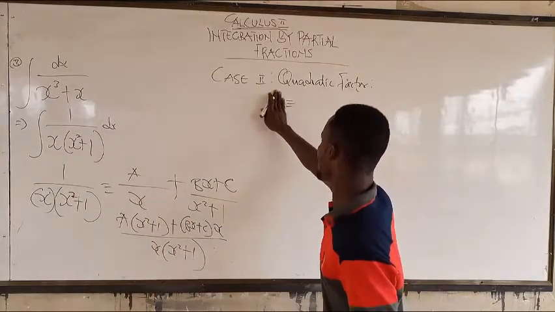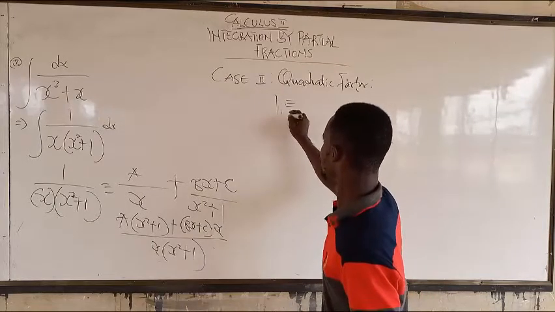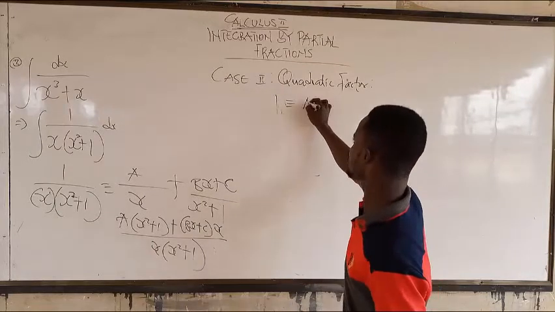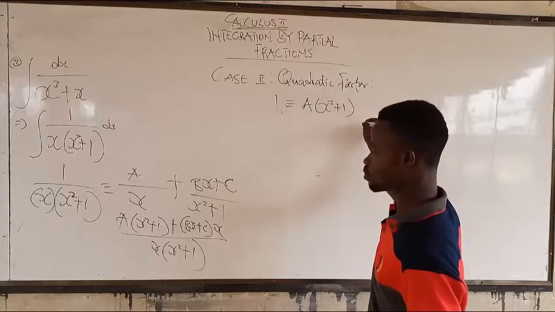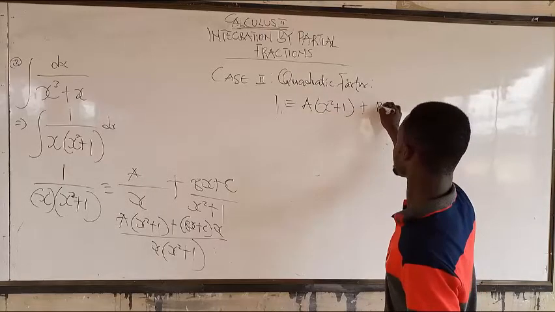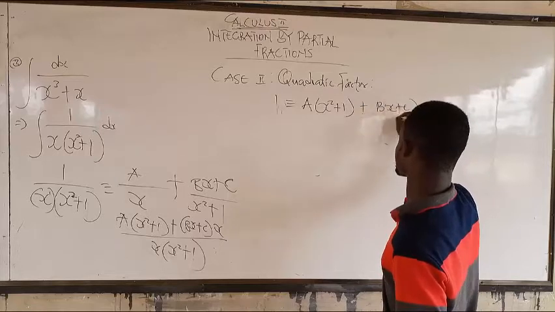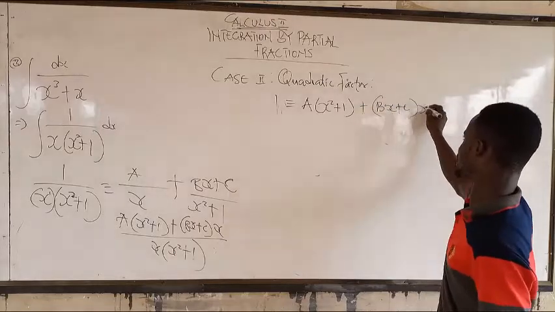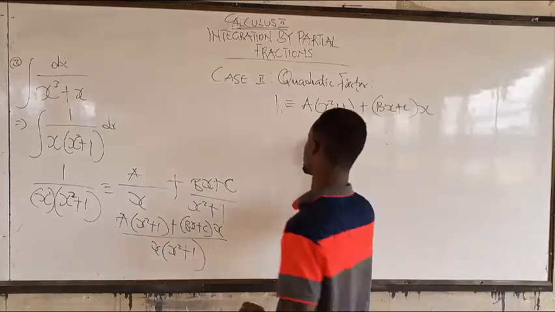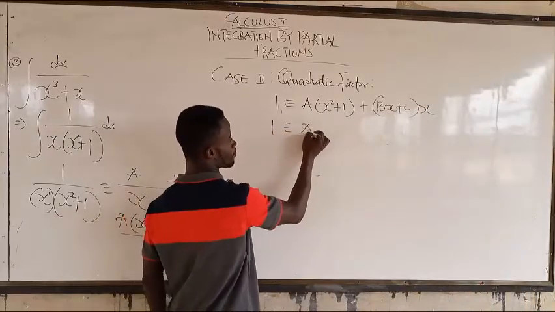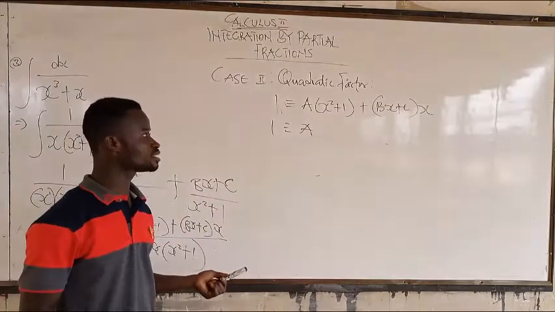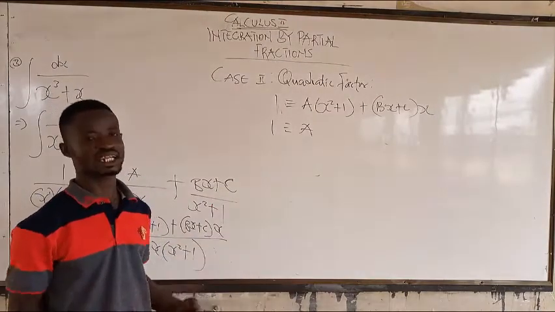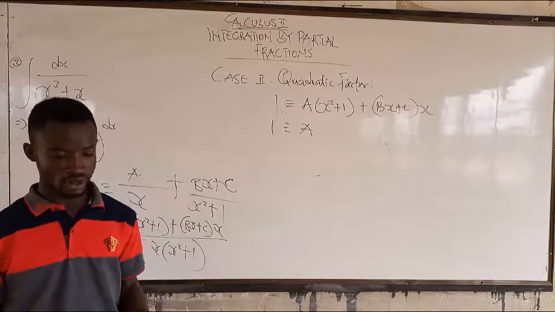So we get 1 is going to be identical to a times s squared plus 1 plus bs plus c multiplying s.